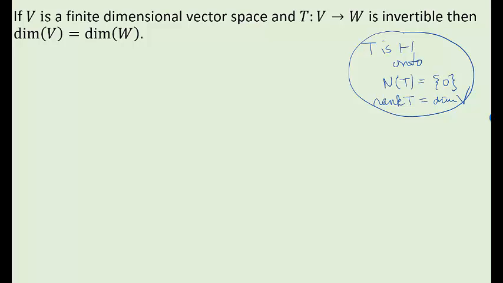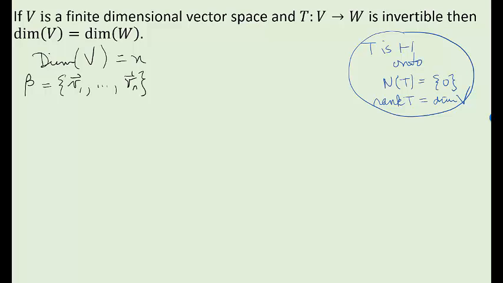Okay, so let's start out with a basis for V. We'll say that the dimension of V is equal to n, and we'll call beta a basis for V, vectors V1 through Vn is a basis.